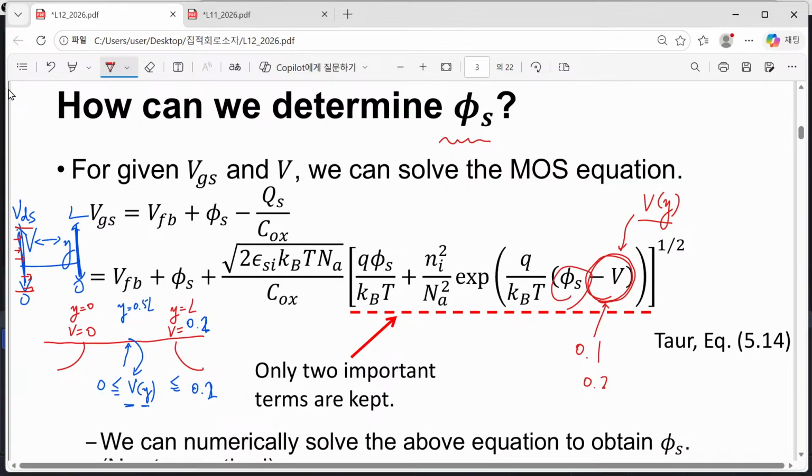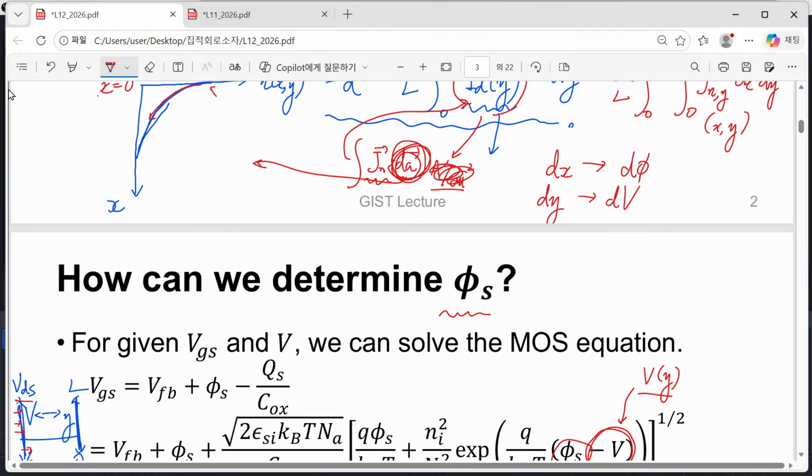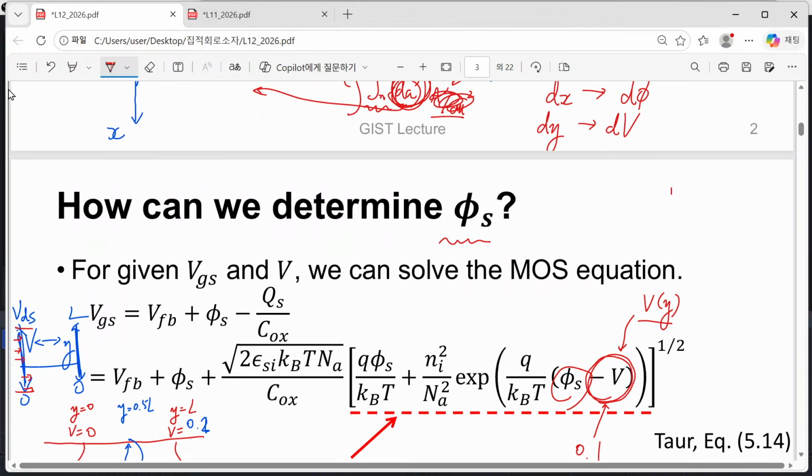So if I summarize this situation, we can think about a simple table. Y goes from 0 to L, V goes from 0 to VDS, and then the surface potential goes from the surface potential at the source side to that at the drain side.